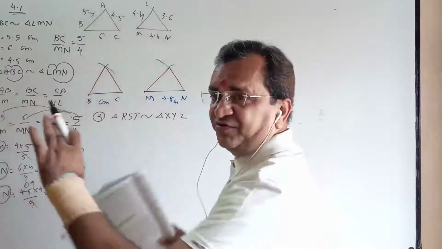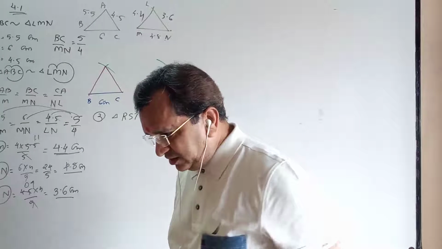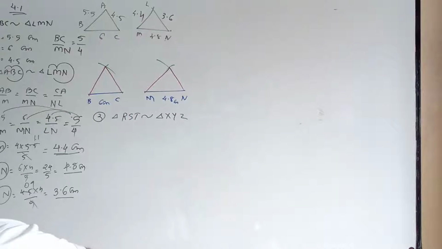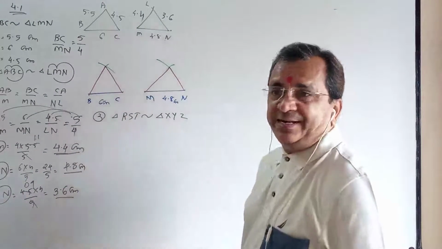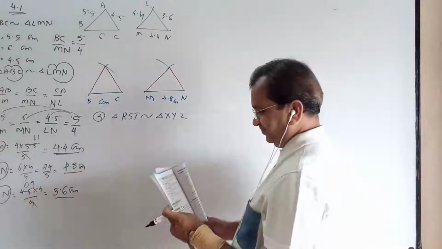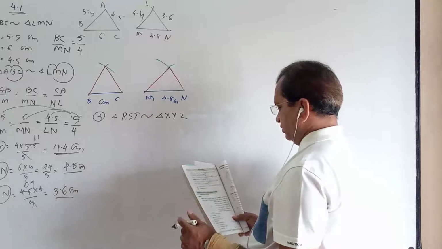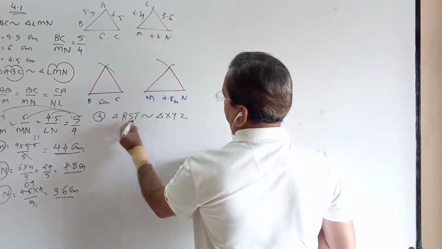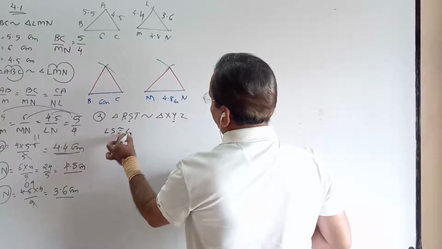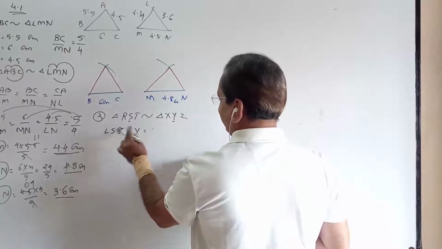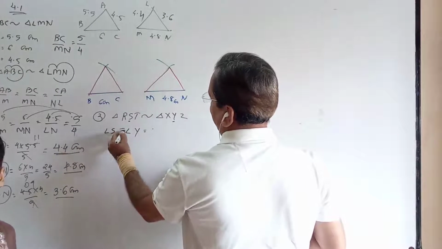RST has 3 different alphabets, XYZ has 3 different alphabets. Angle S is given, so angle S is congruent to angle.